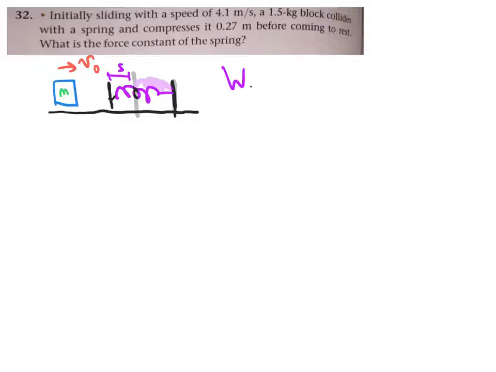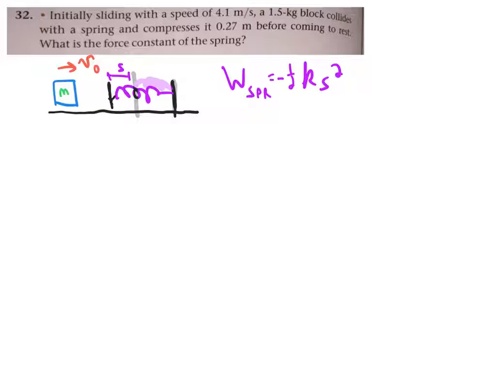The work done on the spring is 1/2 k s squared. That's the work done on the spring, so the work done by the spring would have a minus sign. It pushes back against the block.